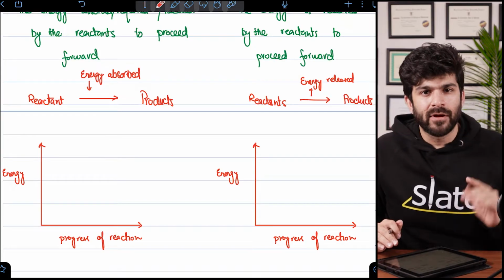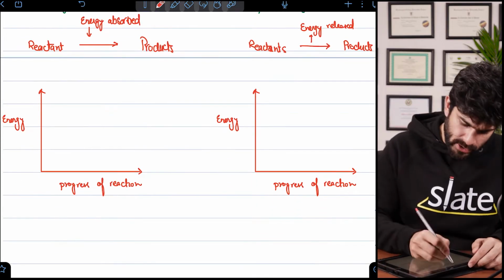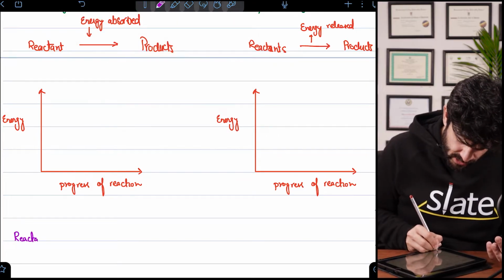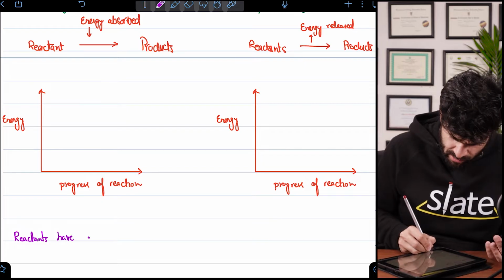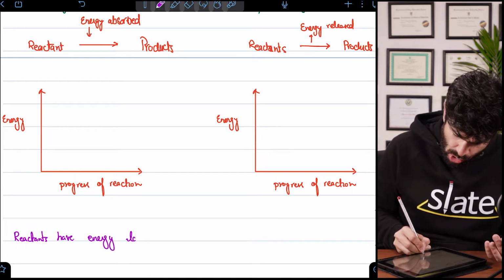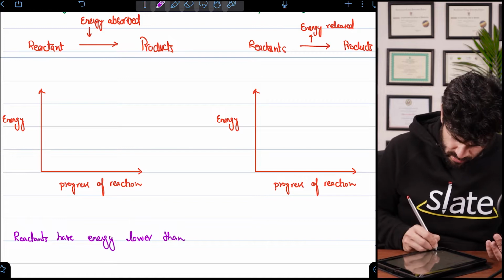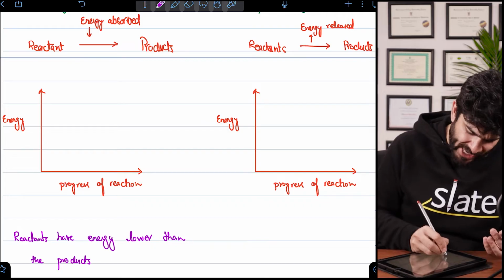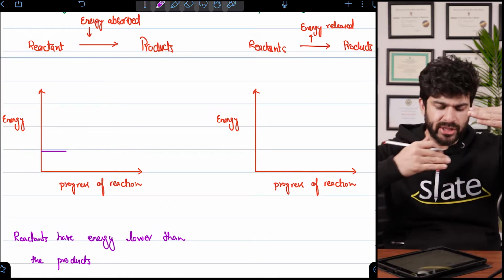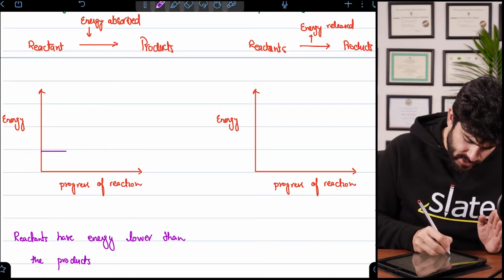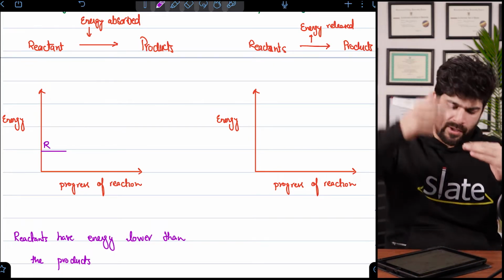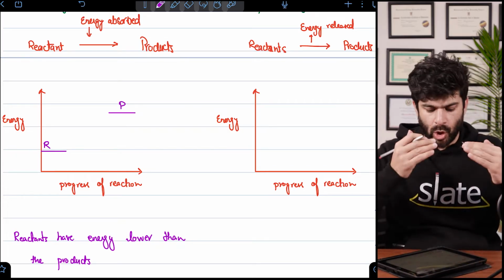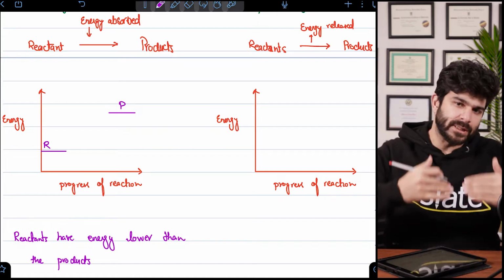So reactants have lower energy than the products. If I place my reactants here in the energy level, the energy is increasing upwards. The products will be on a higher level of energy here, because energy was absorbed by the reactants.